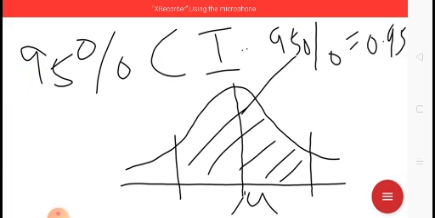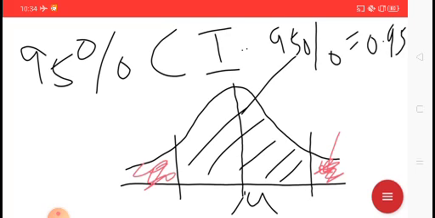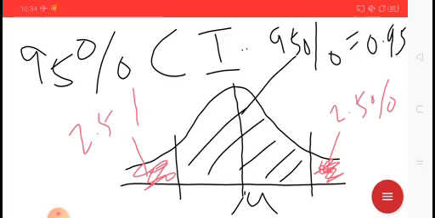And the red color one here, because they are symmetrical, so if the center is 95%, each side here will be 2.5%. If you want to convert 2.5% to probability, it will be 0.025.